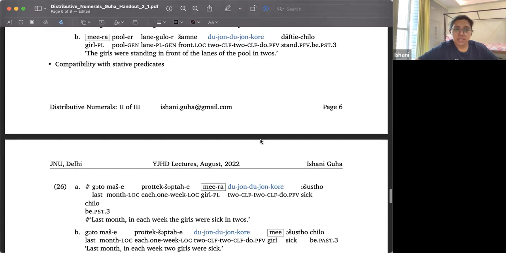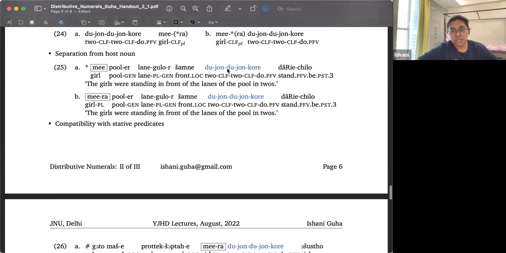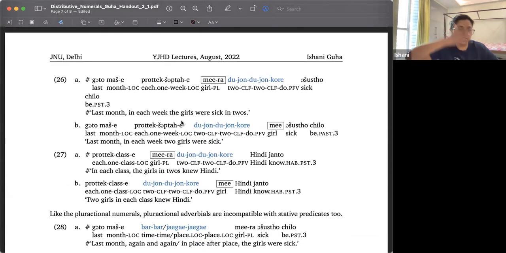The adnominal distributive numerals, that is the 24a kind of forms we have been studying so far, are compatible with static predicates. We already saw that, the 26b. But the adverbial ones again have the sensitivity towards the eventuality, right?